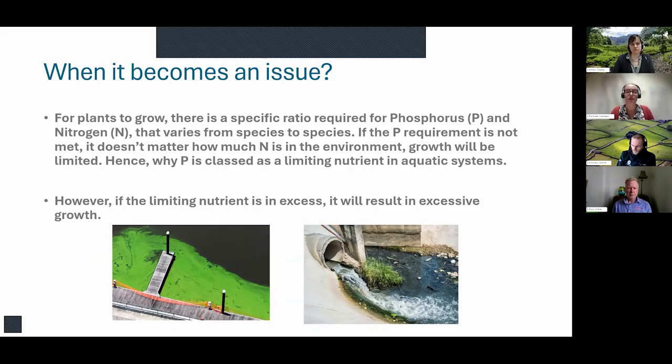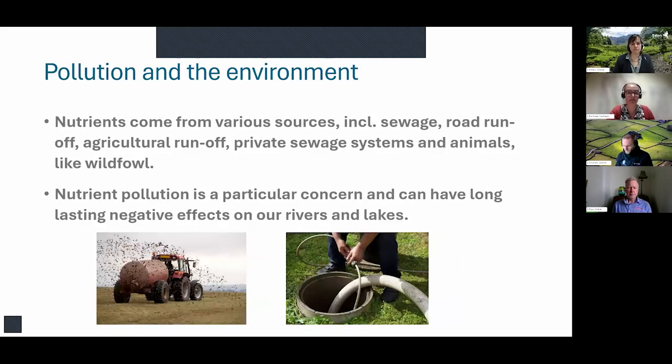So if the limiting nutrient is in excess, it will result in excessive growth. Changes in the balance of specific plants in specific ecosystems can affect an ecosystem's structure. So this is when we'll find algal blooms in lakes.